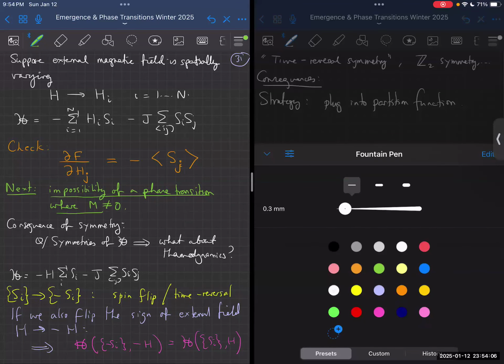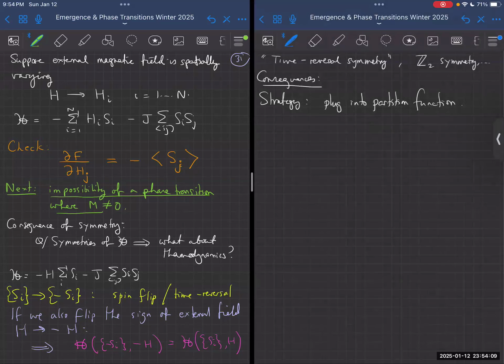So let's see what I mean by that. So I start off with a Hamiltonian. We'll start off with that. So now let's plug this into the partition function.